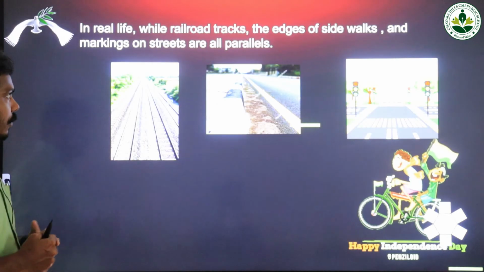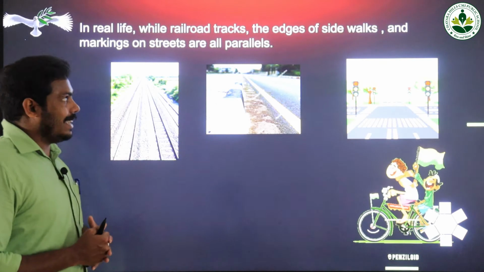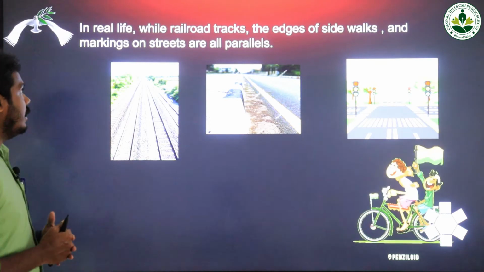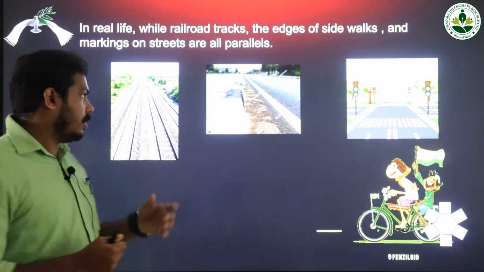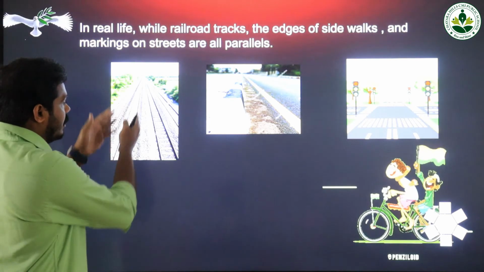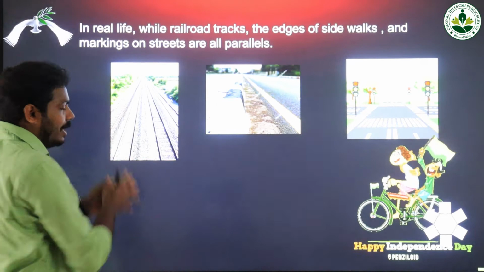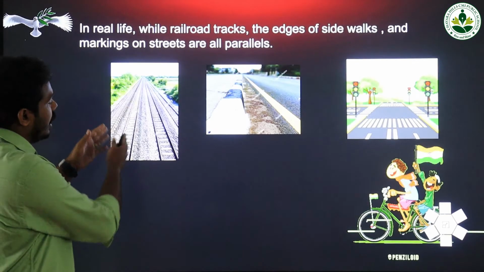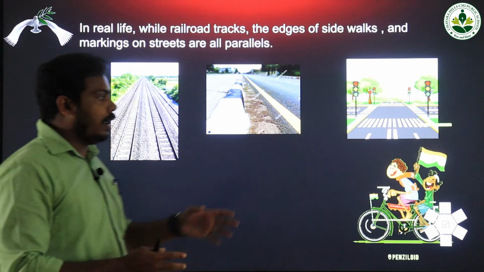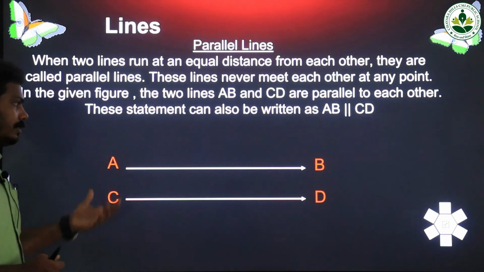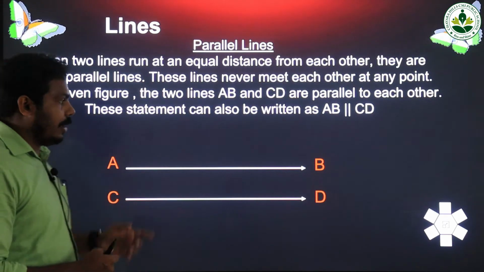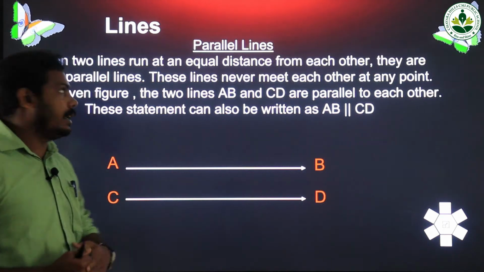In real life, railroad tracks, the edges of sidewalks and markings on streets are all parallel. Here we can see these lines never meet at any point. They always keep an equal distance. Here you can see two lines, line AB and line CD.